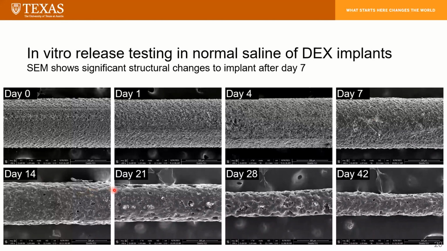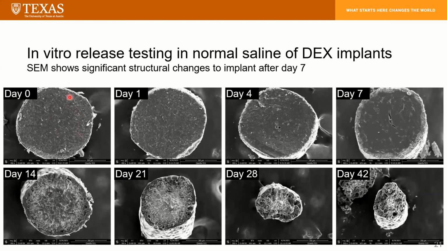And then they start breaking up in the following 3 weeks. And here's a cross section. After day 7, most of the pores start to close off, and then over time the whole matrix is completely dissolved or degraded, and drug is released.